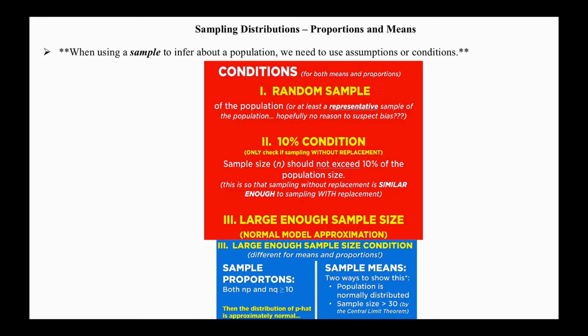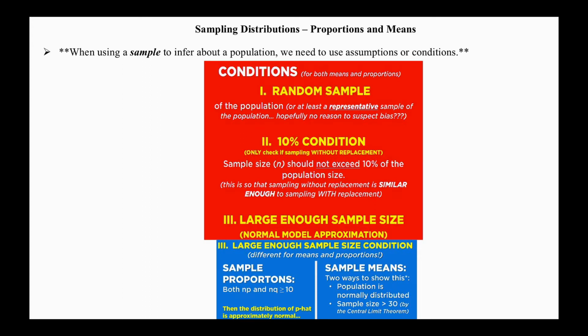The second one, in red, is sample size. It's called the 10% condition. The sample size cannot exceed 10% of the population. This is so that sampling without replacement is similar enough to sampling with replacement. With replacement means I put the cards back in the deck; without replacement means I don't put the cards back in the deck.